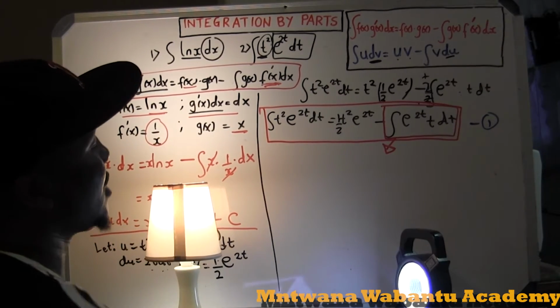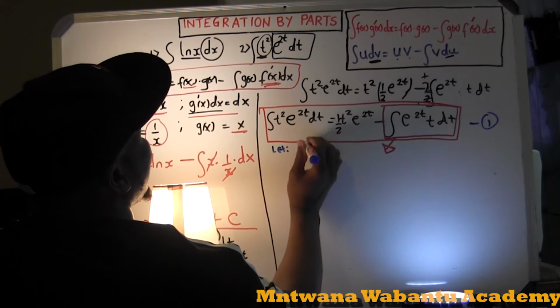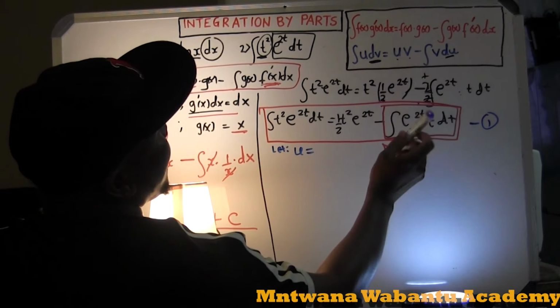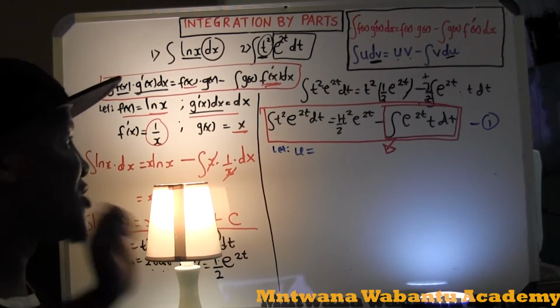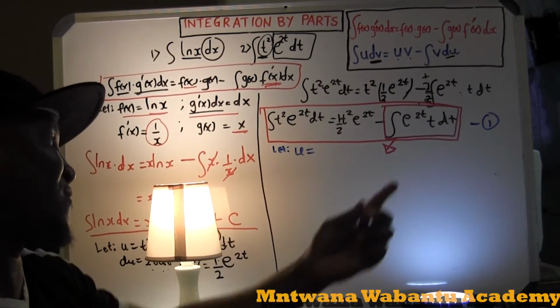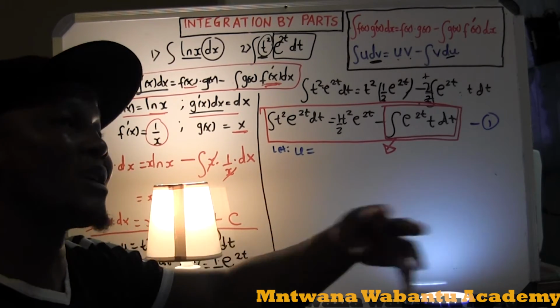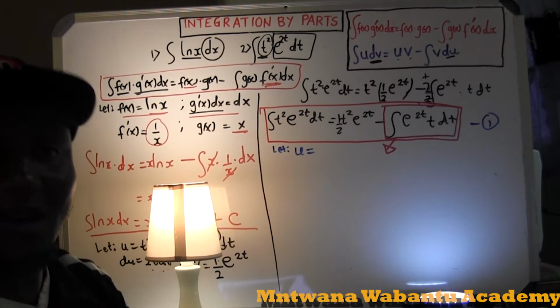So now let u, I'll take this because this is another by parts. How do I know? We have a t and e together, which means you've got 2 functions, a function of e and a function of t, and you can't just integrate straight away. So let's take that one and solve by parts.